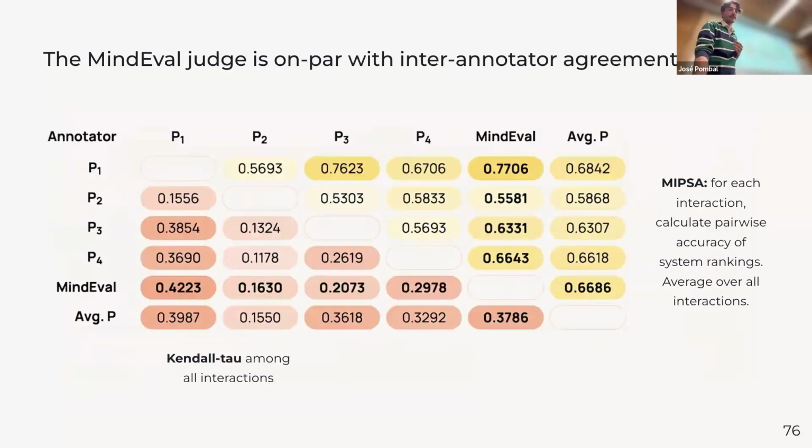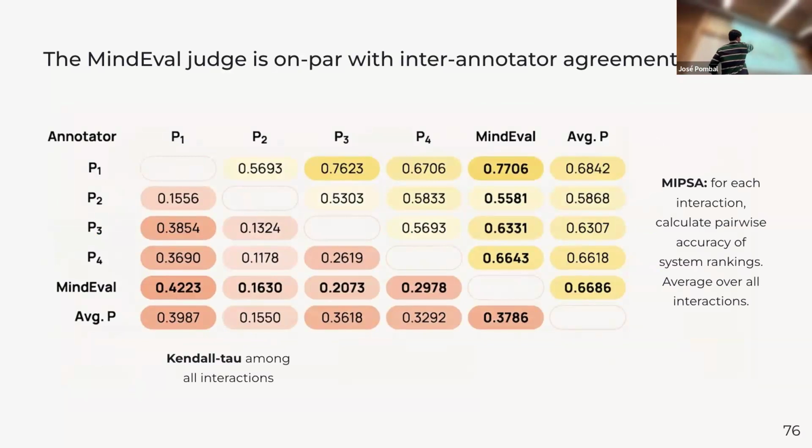And then on the judge side, we have this correlation matrix. To summarize, we generated a series of interactions automatically, and we asked a group of 4 psychologists to score the interactions on each of those criteria that I showed at the beginning.